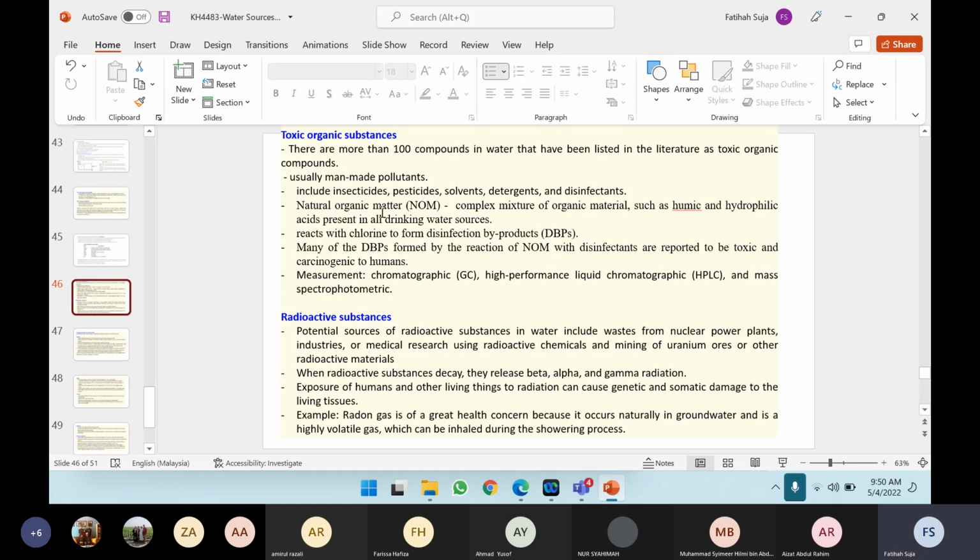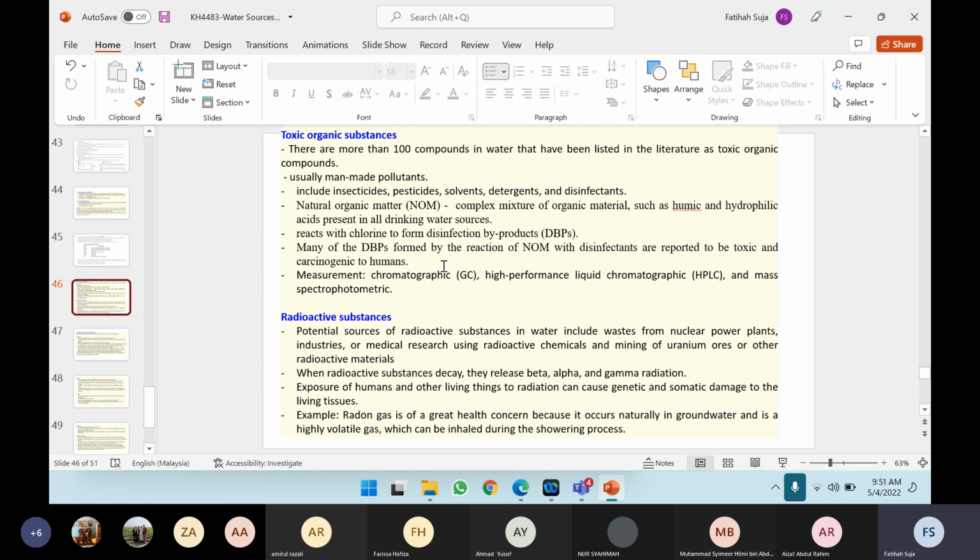There is also natural organic matter, a complex mixture of organic materials such as humic and hydrophilic acids, present in all drinking water sources. The problem with this natural organic matter is it will react with the chlorine that you input in the water supply system to form disinfection byproducts. Many of the DBPs formed by the reaction of NOM with disinfectant are reported to be toxic and carcinogenic to humans.